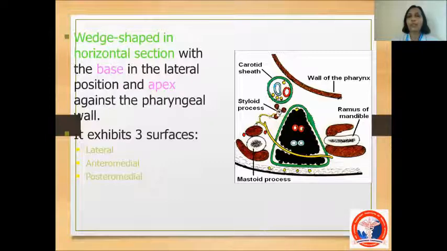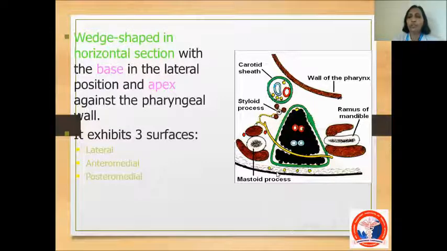Posteriorly, the styloid process and the muscles and ligaments attached to the styloid process forming the styloid apparatus are related. It is also related posteriorly to the mastoid process of the temporal bone and the muscles attached to it and the nerves and vessels in the immediate vicinity of the mastoid process.